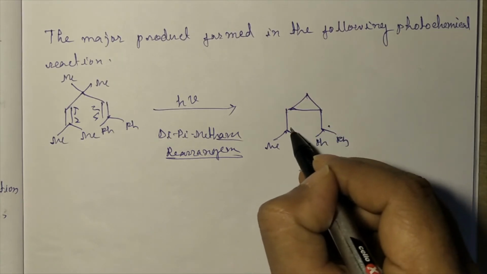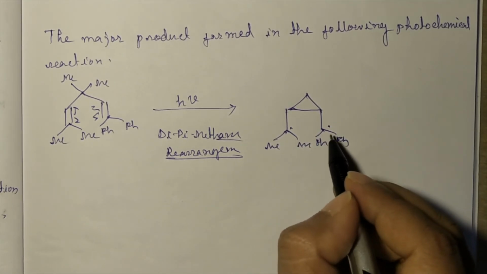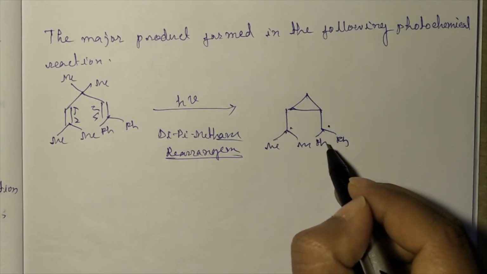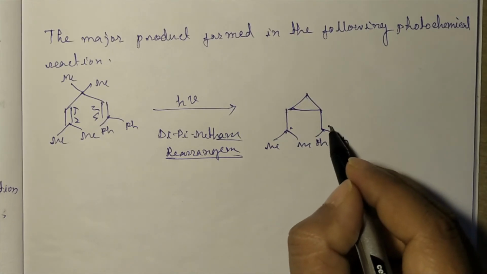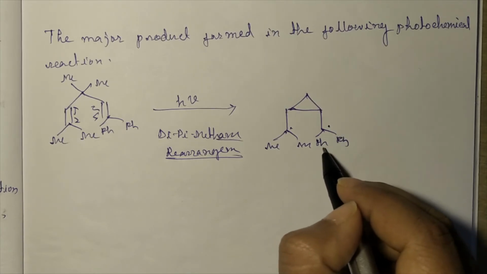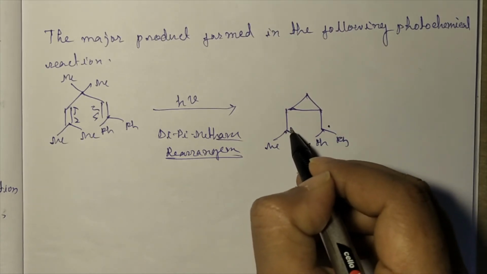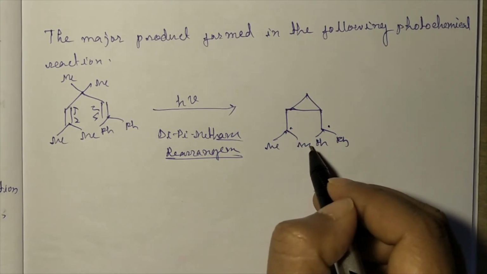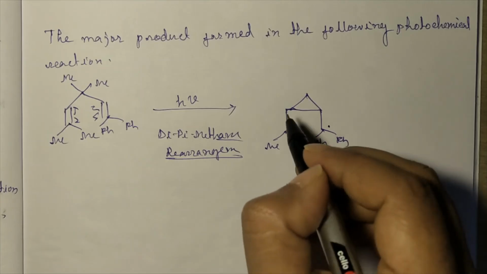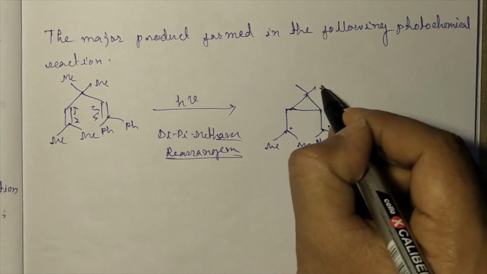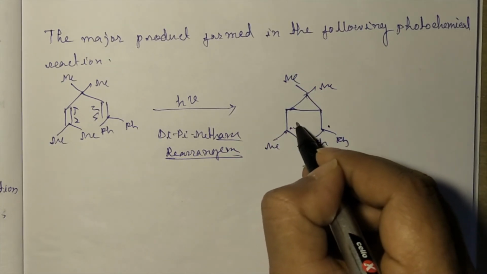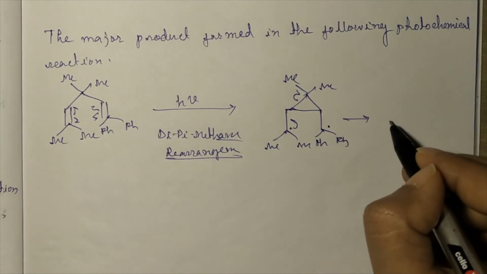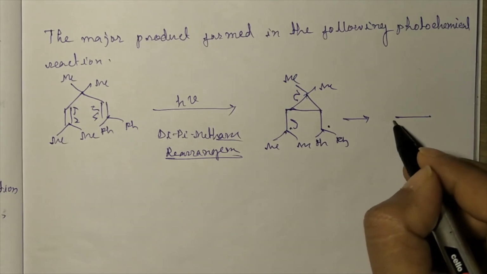Now in this biradical, this radical is much more stable than this radical, because two phenyl groups are here, so this radical can come in conjugation with this phenyl group. But this radical has only stabilization by hyperconjugation with this methyl. So now what will happen? This bond will cleave. So from this biradical, another biradical will be formed.